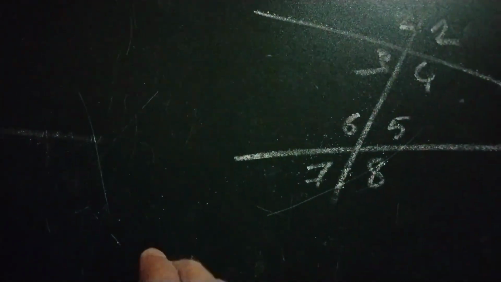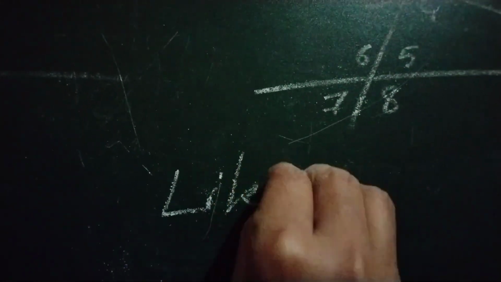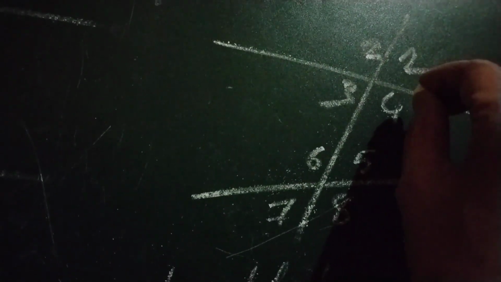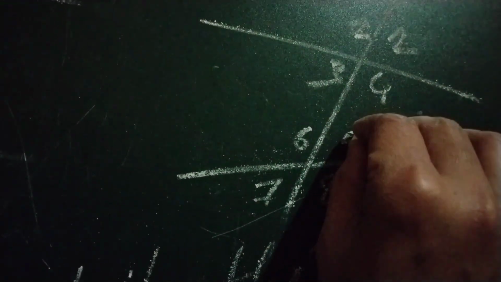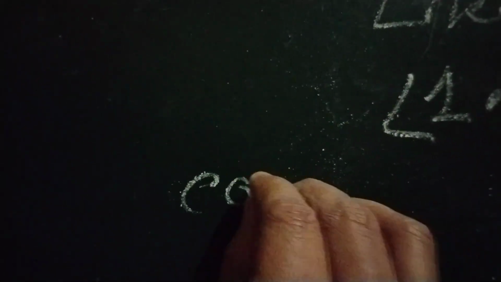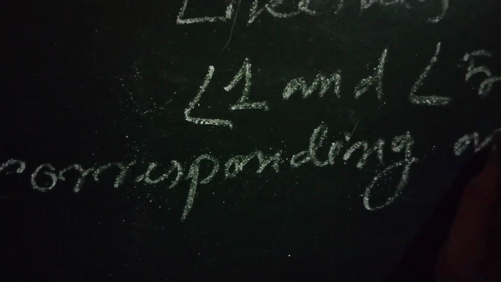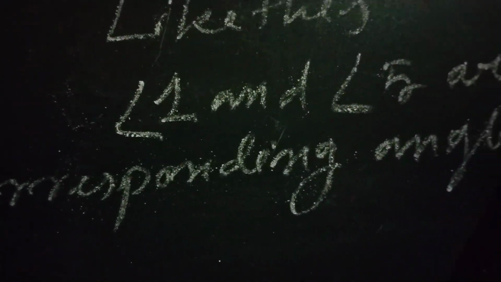Like this, is there any chance that we will get corresponding angles here? Yes, here also we find corresponding angles, angle 1 and angle 5. Angle 1 and angle 5 are a pair of corresponding angles, but these two angles are not equal.